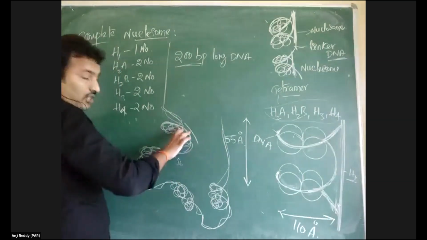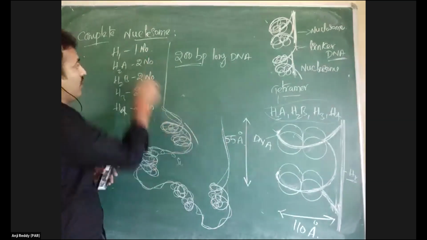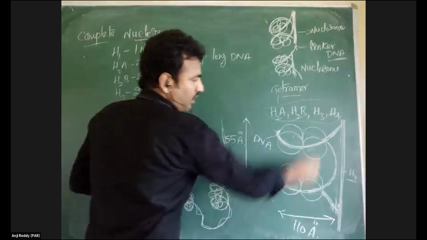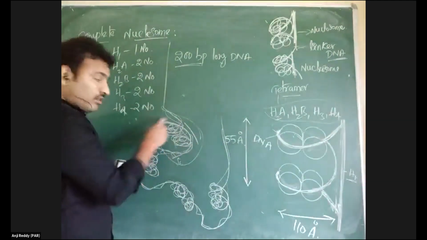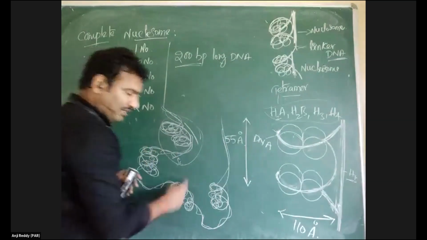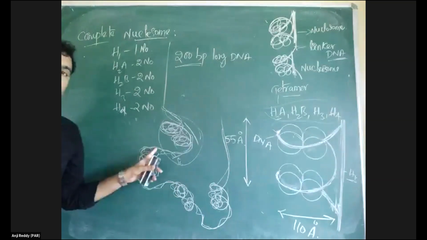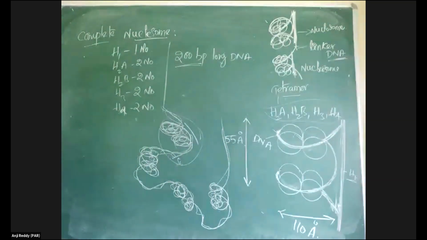That is one nucleosome with one H1 protein, and totally two tetramers like this, and a linker DNA. Totally this is called as one nucleosome. These nucleosomes continuously run on DNA. So the nucleosomes which are present continuously constitute what? Chromatin material.